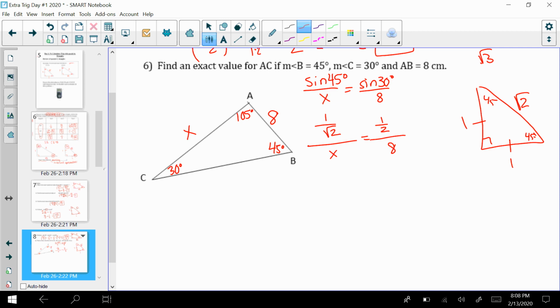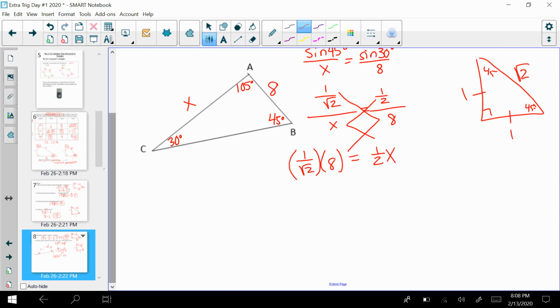So now let's cross multiply. I'll write it out first. 2 times 8 equals on the other side 1/2 times x. So this is just 8 over radical 2, because that's 8 over 1, multiply numerator, multiply denominator. So to undo the 1/2, I'm going to multiply both sides by 2.